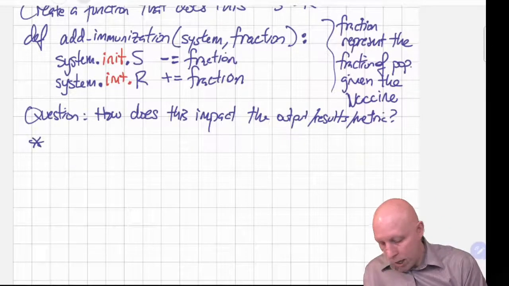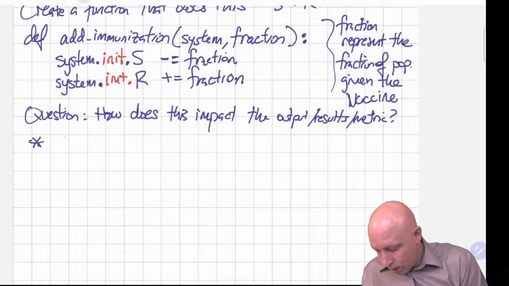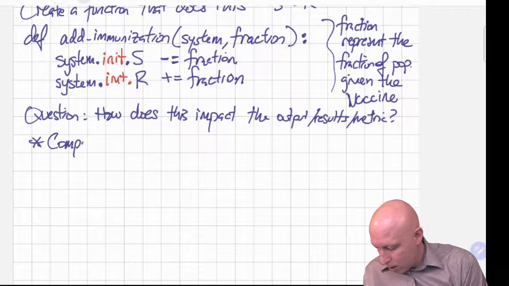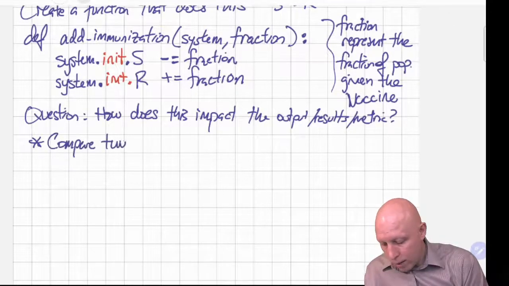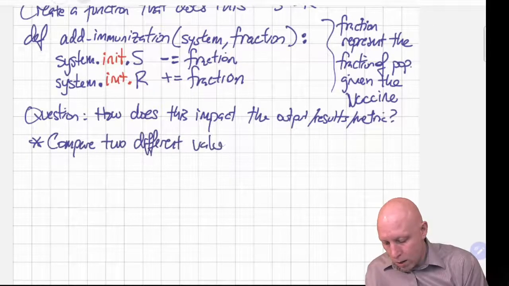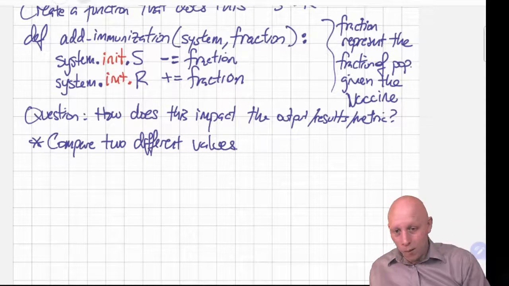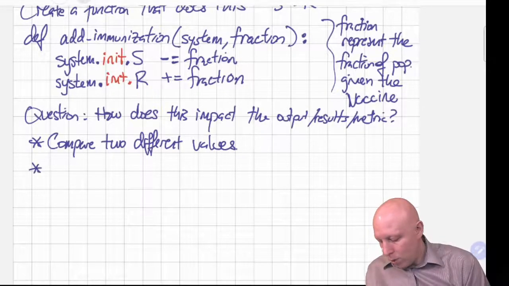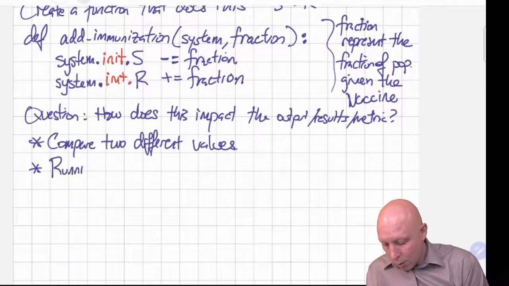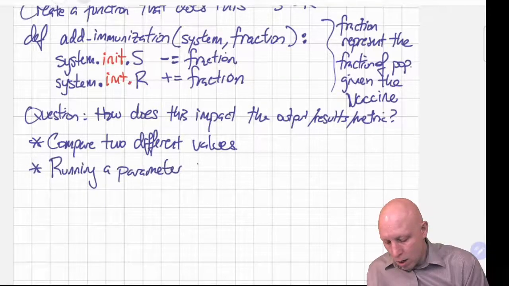We'll do one now and we'll do one later. We're going to compare two different values: with immunization and without immunization. And what we'll do next time is talk about running a parameter sweep to compare many different values.